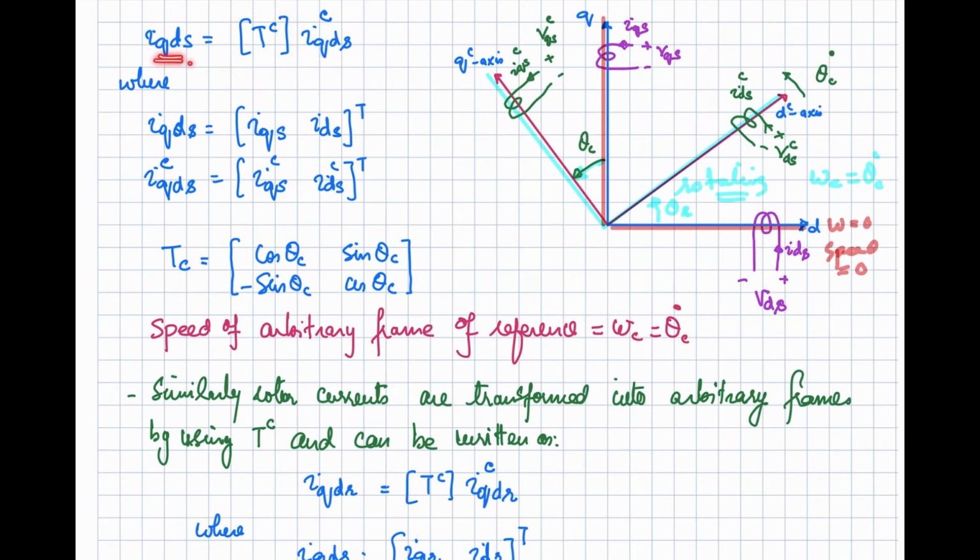So where this IQDS is basically the transpose of this matrix, and similarly this IQDS is this one. So this C is representing the arbitrary frame of reference rotating with some speed omega c. So what is this transformation matrix? If you look at that one, you are going to translate the q axis current in this q axis and d axis. So this is just like the transformations we have discussed in the last week.